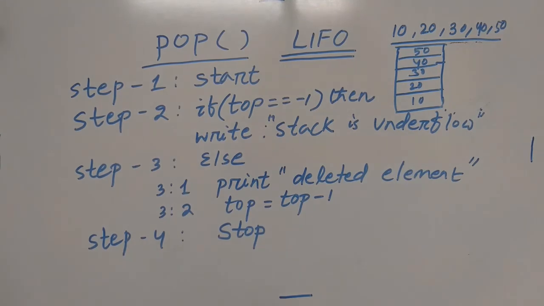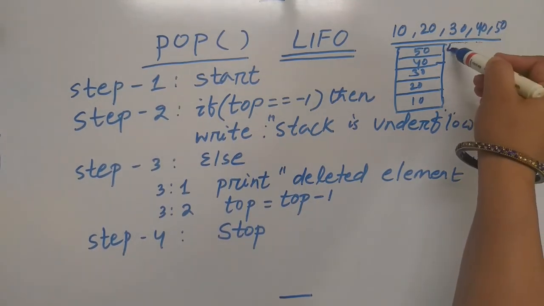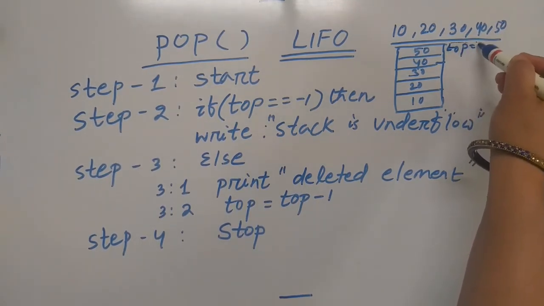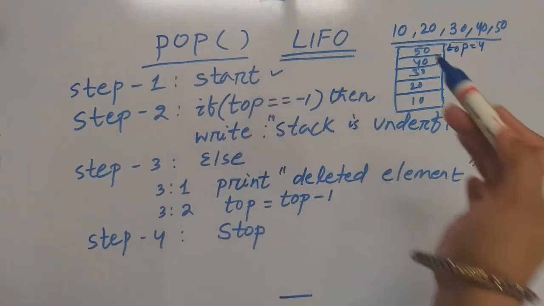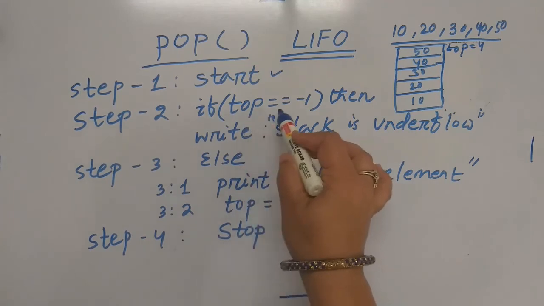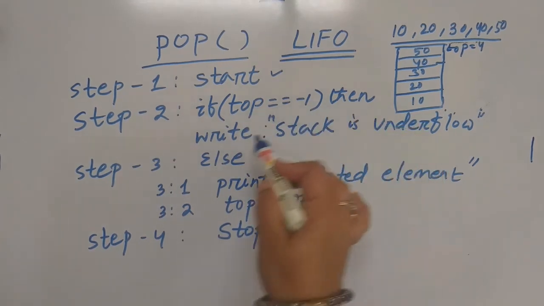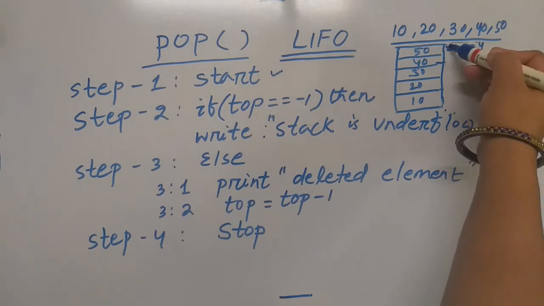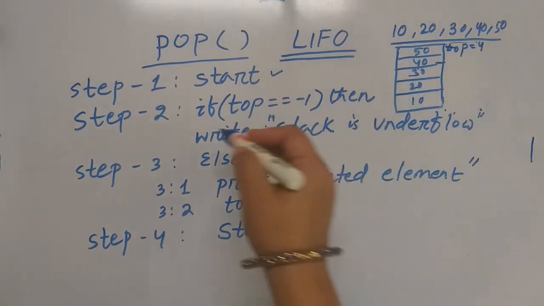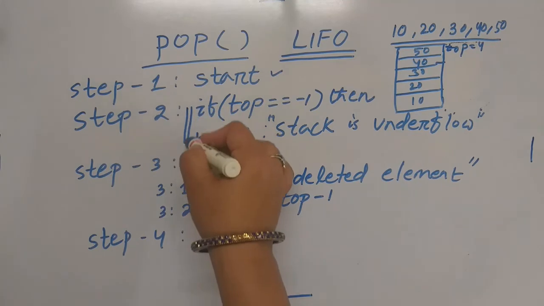So what is the topmost value here? The topmost value is top equal to 4. Okay, so we start our algorithm, and if top is equal to minus 1, then write stack is underflow. But here the top value is not equal to minus 1, so this if condition is not satisfied.